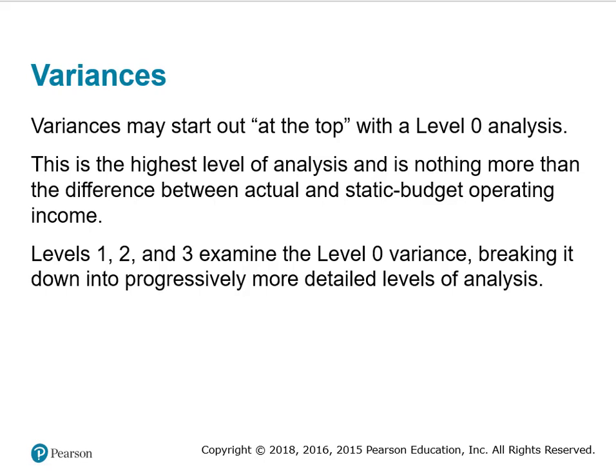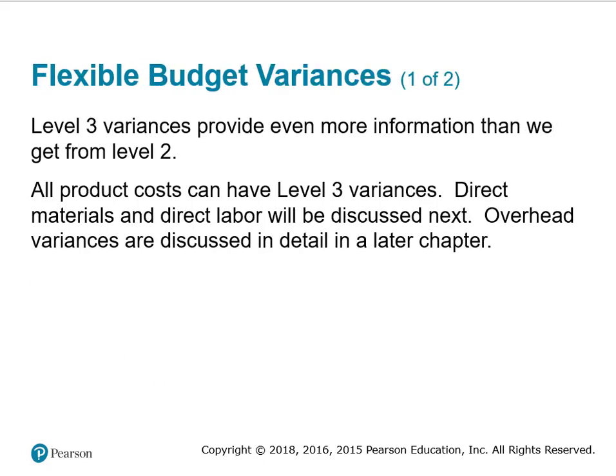Further analysis breaks down the level 0 into progressively smaller components, attempting to answer more detailed questions. Now, the sales volume variance is the difference between flexible budget and the corresponding static, whereas flexible budget variance is the difference between actual and the corresponding flexible budget amount. So let's take a closer look.